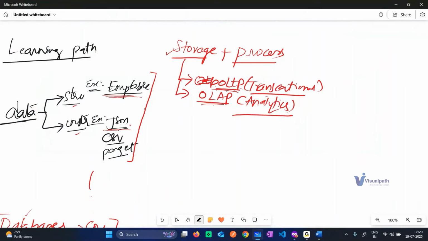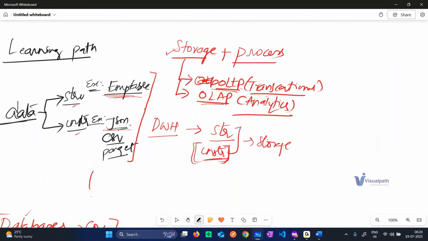Data warehouses can give you great support if your data is coming in the form of structure. Unstructured data, I don't think so. They have been evolving over a period of time. So now we need to figure out a storage. Apart from a data warehouse, is there any other storage we can consider that can help you store both structured and unstructured data?